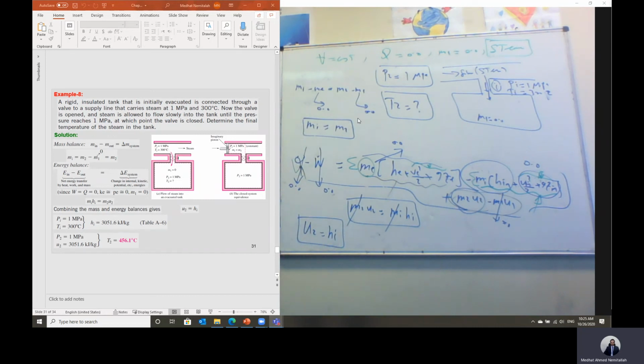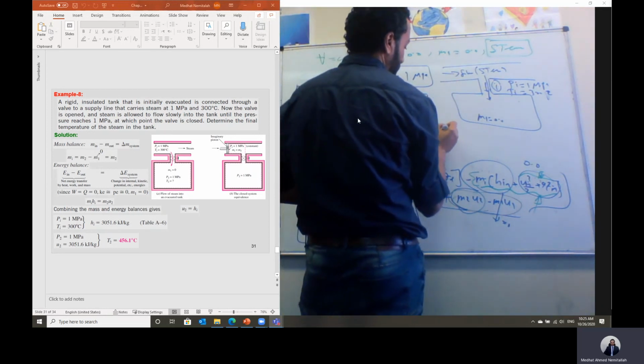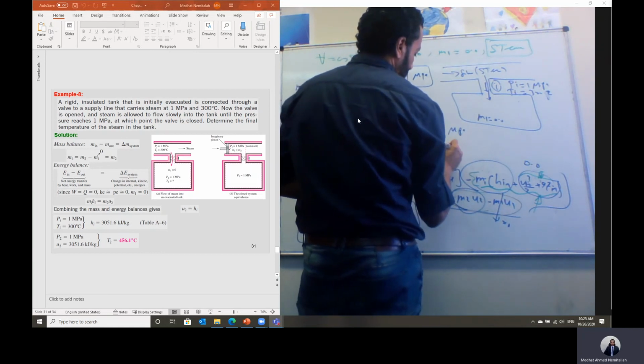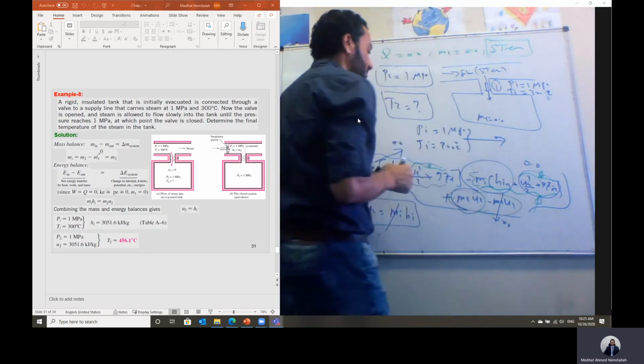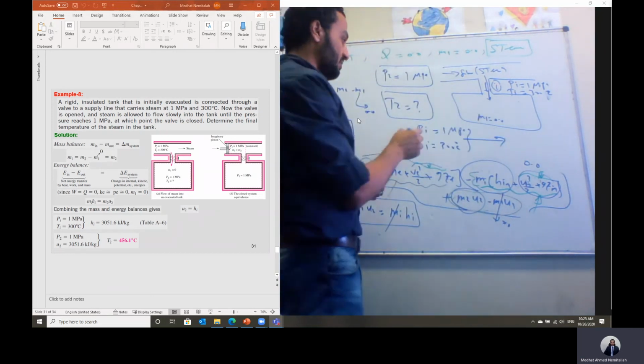Okay, so let's look here. We have the final pressure, so we need another property to calculate the final temperature. At case 1, at the inlet, we have P inlet equal to 1 megapascal and T inlet equal to 300 degrees C. With this pressure, go to table A5 and get the saturation temperature.